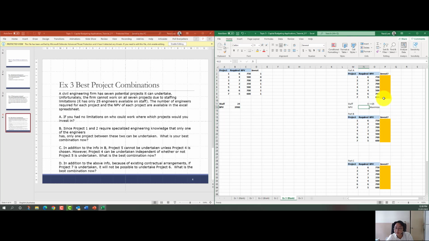And the NPV is going to be the sum product of that too. So equals sum product of this here and these ones over here. So basically, just go and do that for each one.